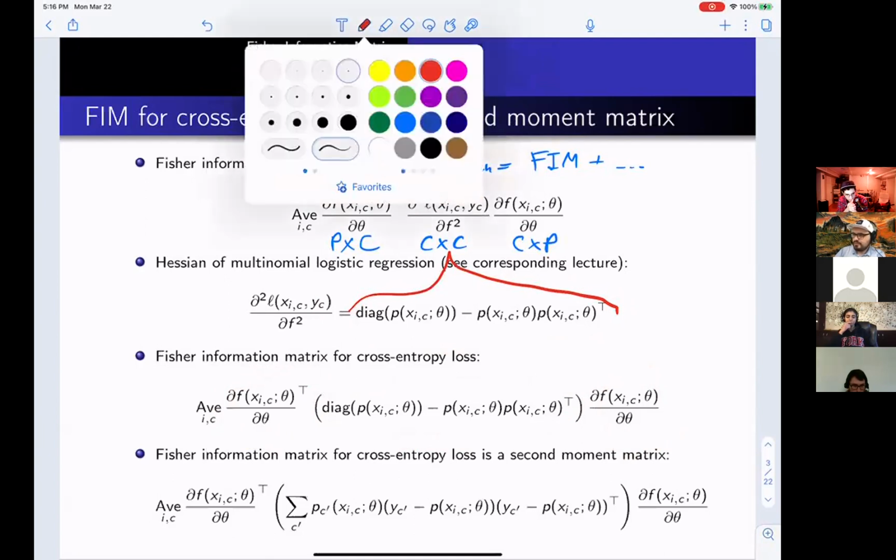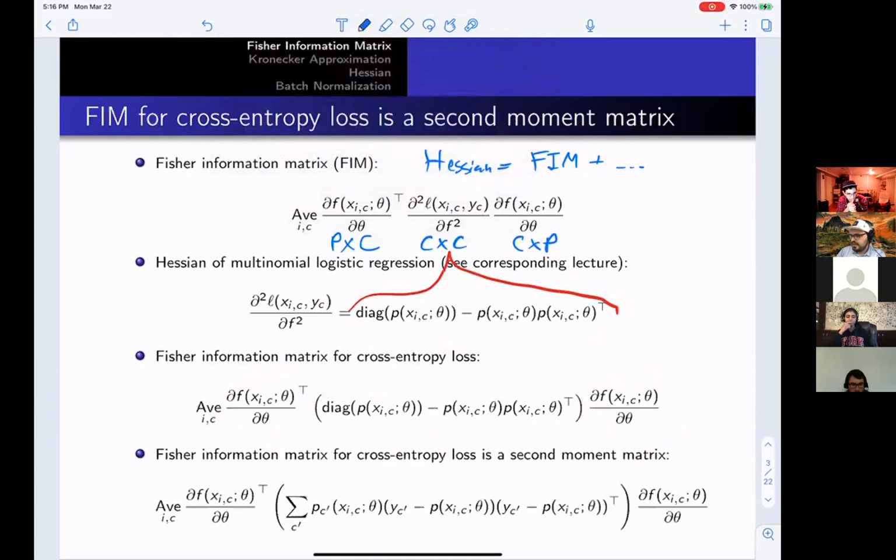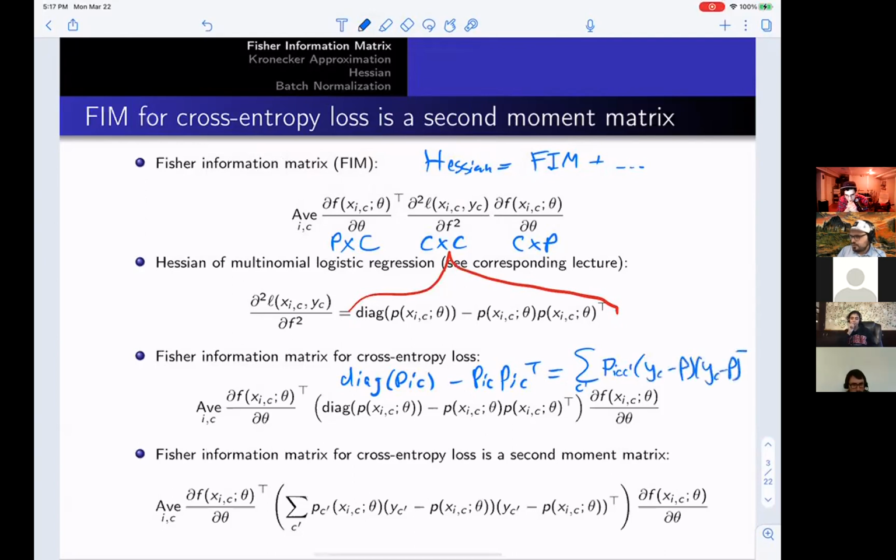One can prove very easily that if this expression is diag(π_c) minus π_c π_c transpose, then it's equivalent to the sum over c' of π_{c c'} (y_c minus π) (y_c minus π) transpose.